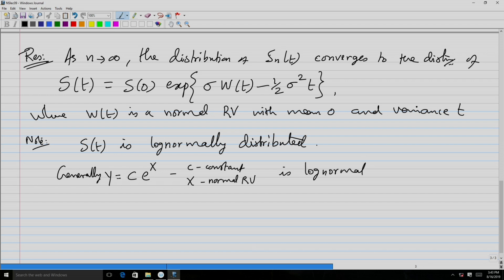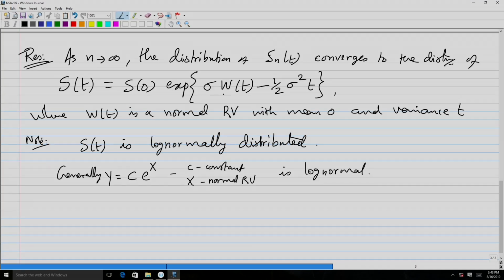So, if I take the log of Y, that will be given by x, right. So, x is normal, so log of Y is normal and hence Y is log normal. That is how we look at it here.